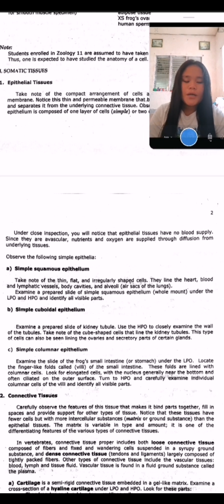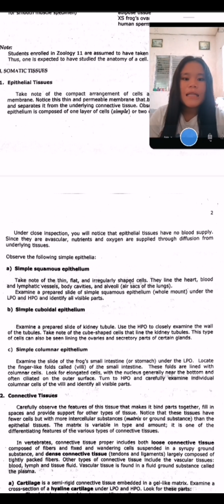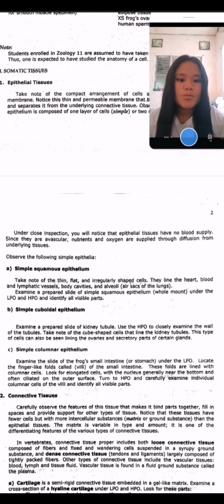And letter B is simple cuboidal epithelium. Examine a prepared slide of a kidney tubule. Use the HPO to closely examine the wall of the tubules.